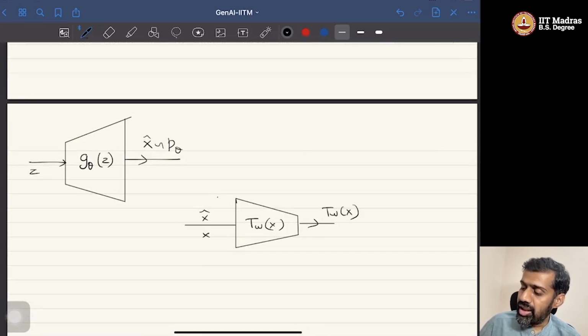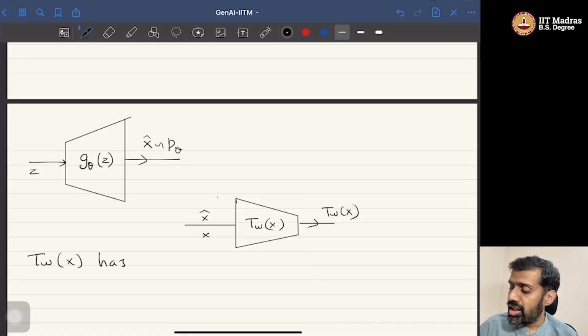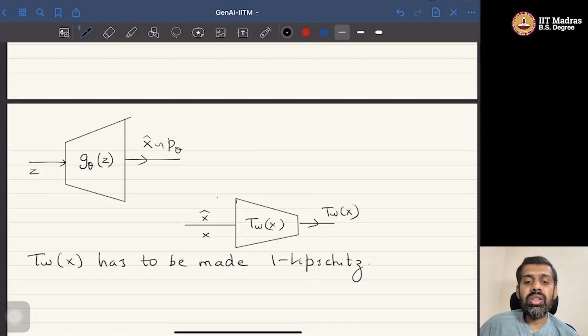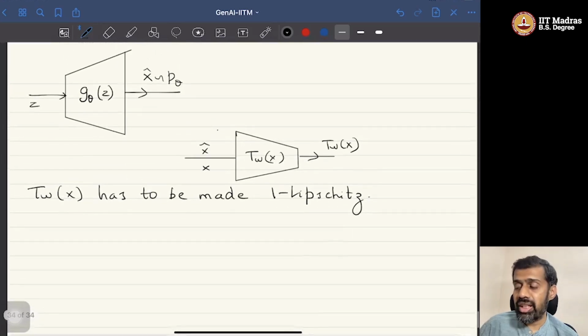This is very similar to that of GANs, but the only constraint is T_w(X) has to be made one-Lipschitz, right? Because you are searching over all functions that are one-Lipschitz. Now, because this is a neural network, how does one make a neural network a Lipschitz function is an area of research by itself.